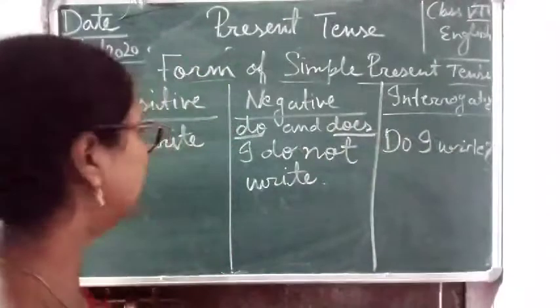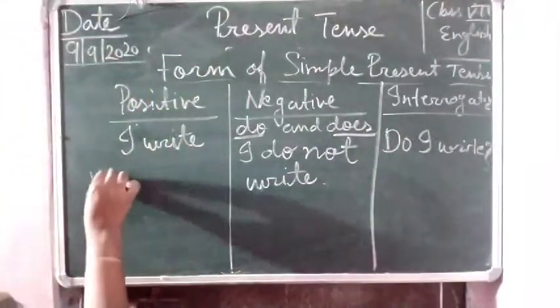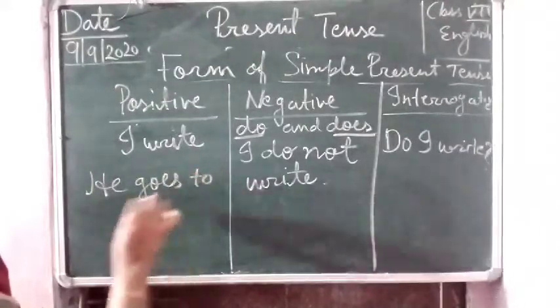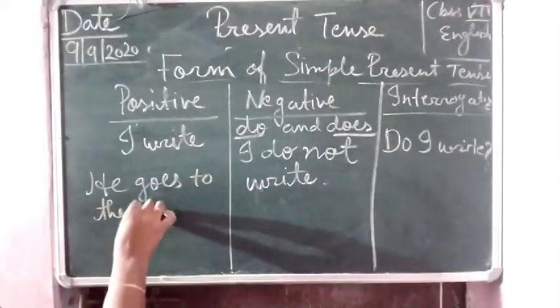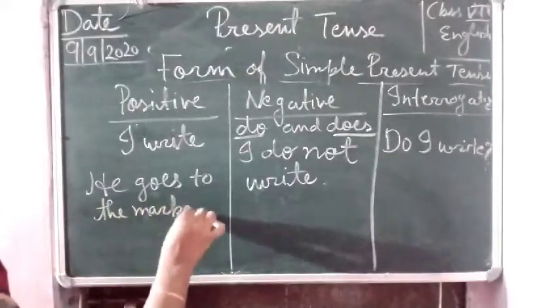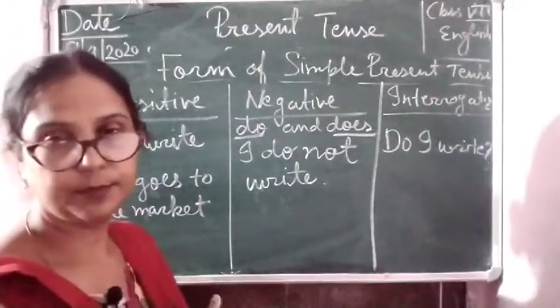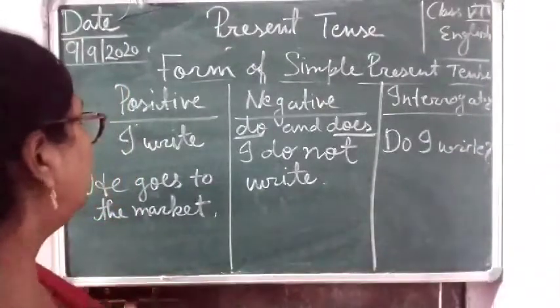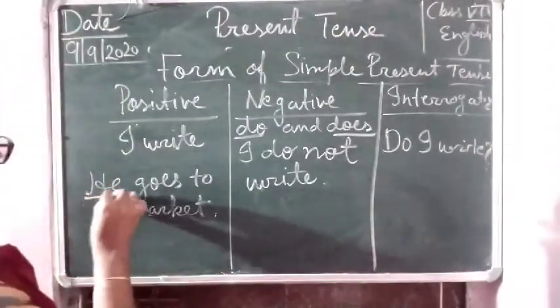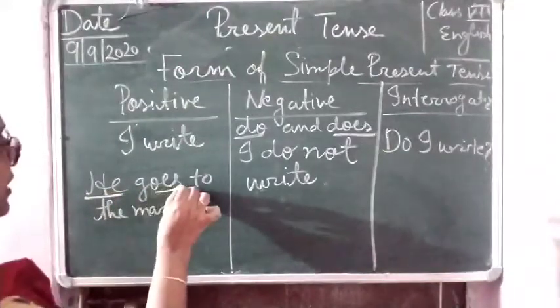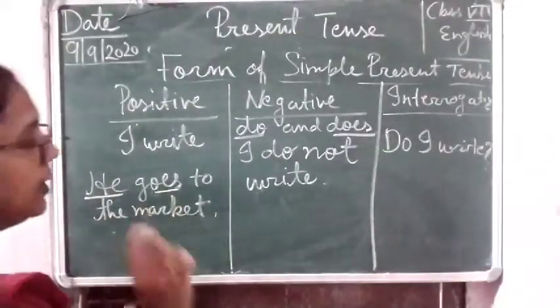Now, next example: he goes to the market. It means it is a singular subject. That is why we have used es with go.